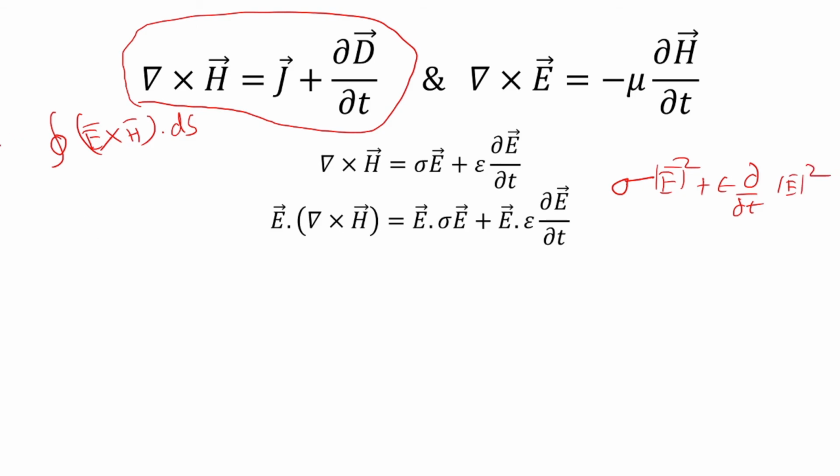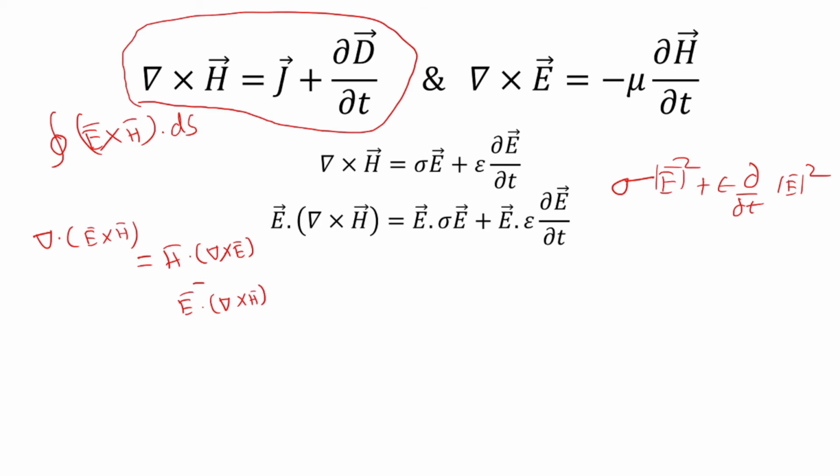But from vector identity, the divergence of the cross product of any two vectors is equal to the second vector dotted with the curl of the first vector minus the first vector dotted with the curl of the second vector.